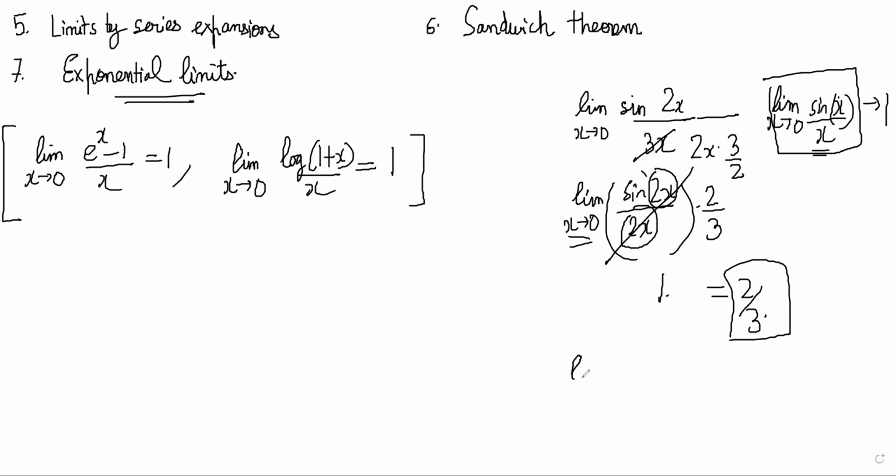Also, you can think of it in this way, which I don't recommend so much, but you can think of it as L'Hopital's rule also. This is 0 by 0 form, so you can differentiate the top, cos x by 1, limit x tends to 0. It stops here because the form has gone, 0 by 0 is not 0 by 0 now. And you put 0, it will become 1.